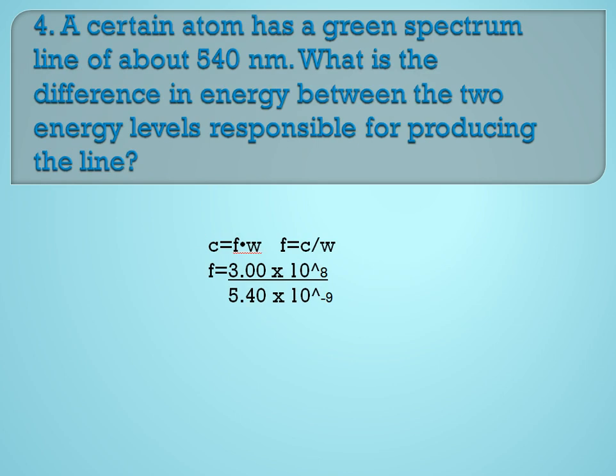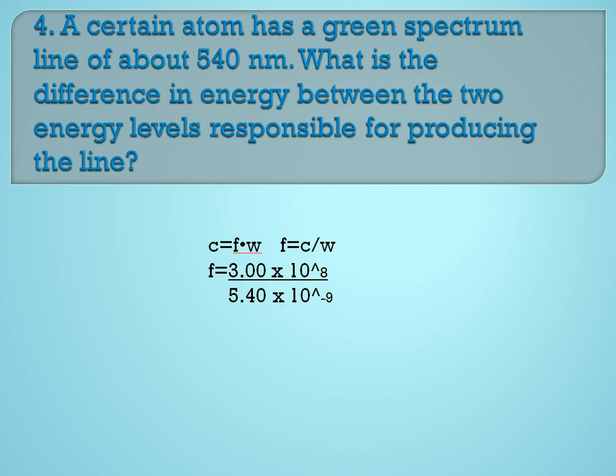Question number 4. A certain atom has a green spectrum line of about 540 nanometers. What is the difference in energy between the two energy levels responsible for producing the line? Well, for this problem, first we're going to solve for the frequency, and then we're going to use that and plug it in to the energy formula that we have to find the energy.